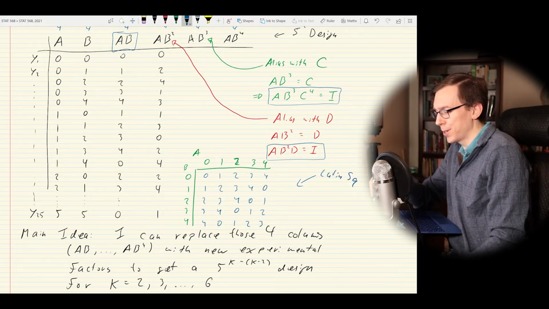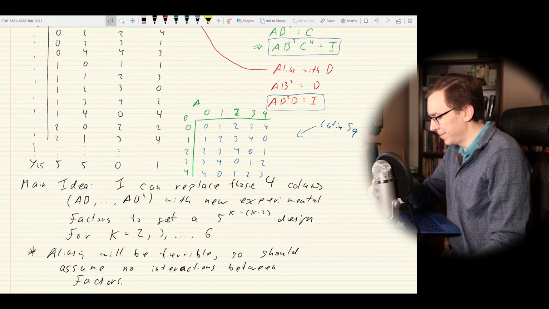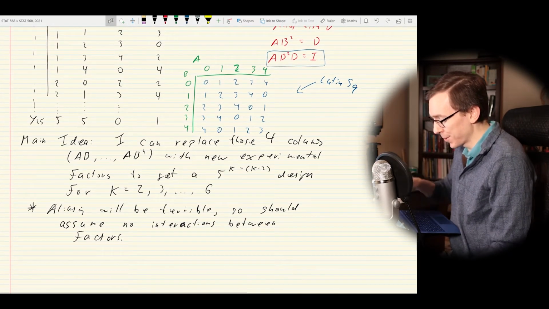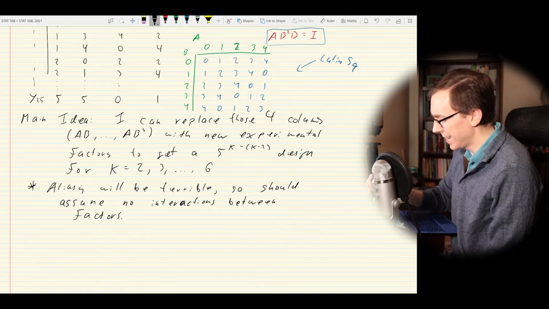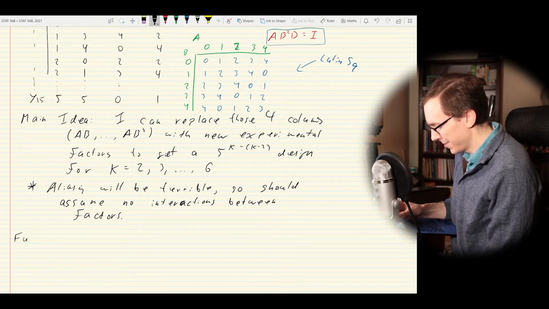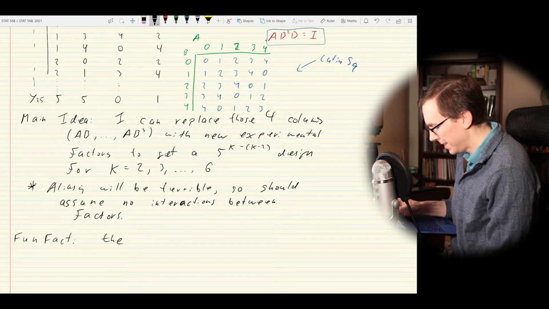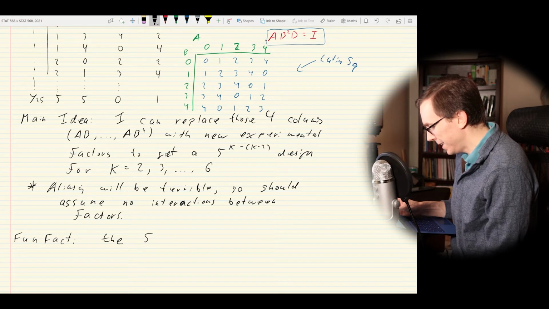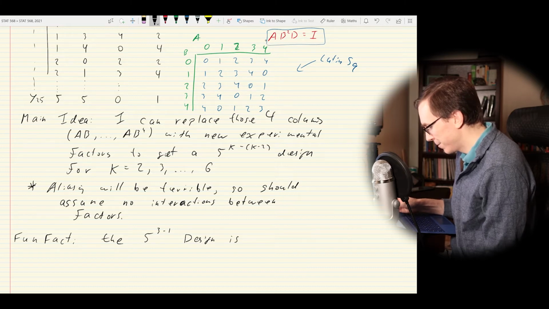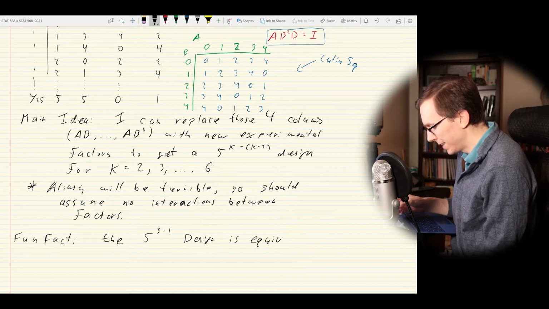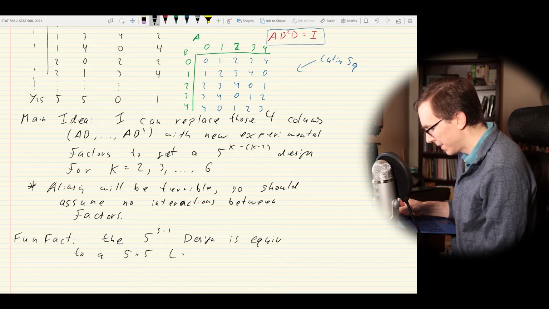Now I'm running out of room to write here in the margin, so we're just going to come down here and say, sort of, fun fact: the 5 to the 3 minus 1 design is basically equivalent to a 5 by 5 Latin square.